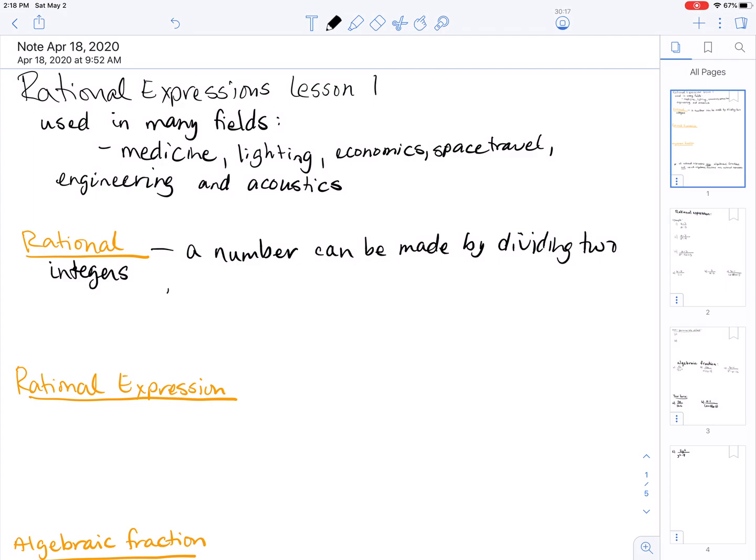So an example might be 9, -1/3, and 1/2. These are all examples of rational numbers.